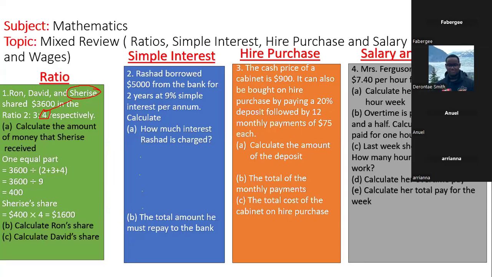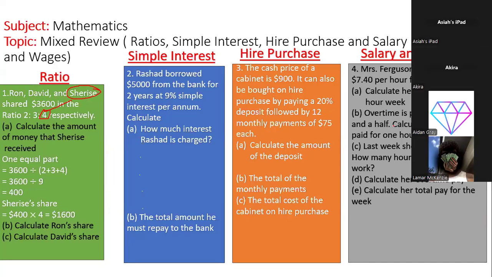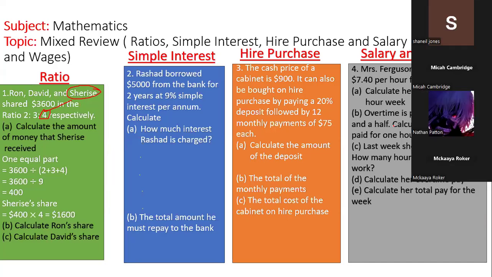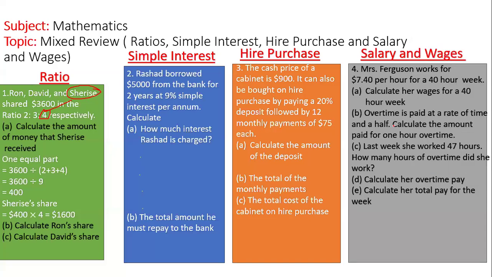Durante Smith, do you understand this? How do I get 1,600? What did I do? Go ahead, Durante. I think it's 400 times 4.